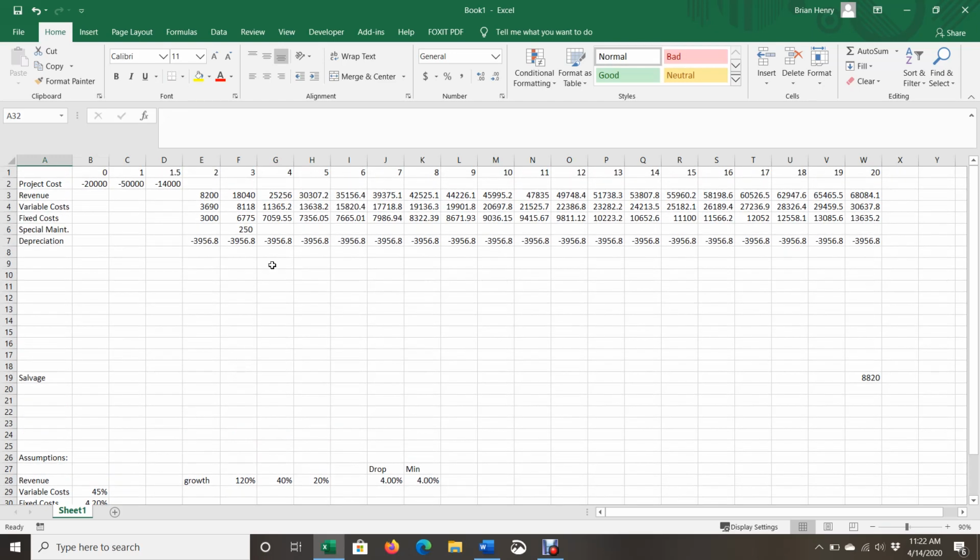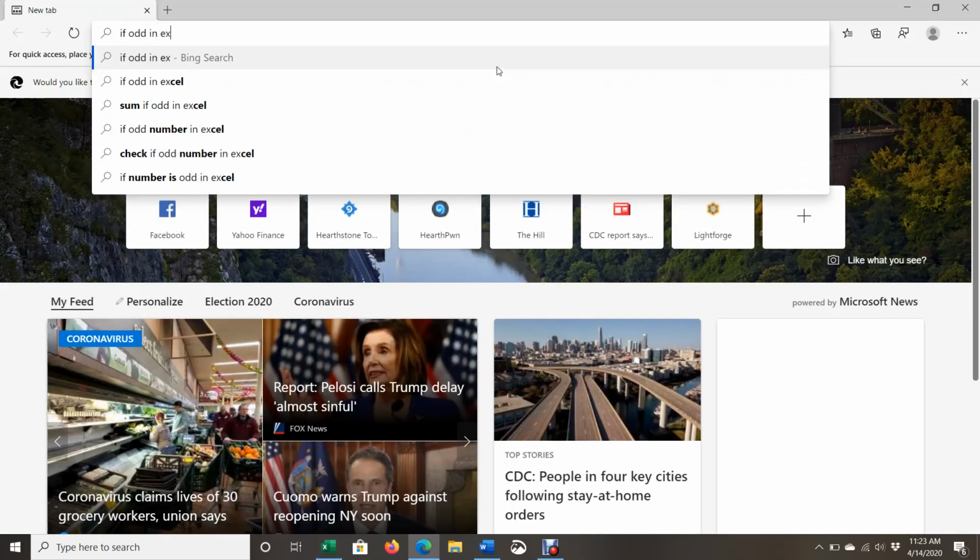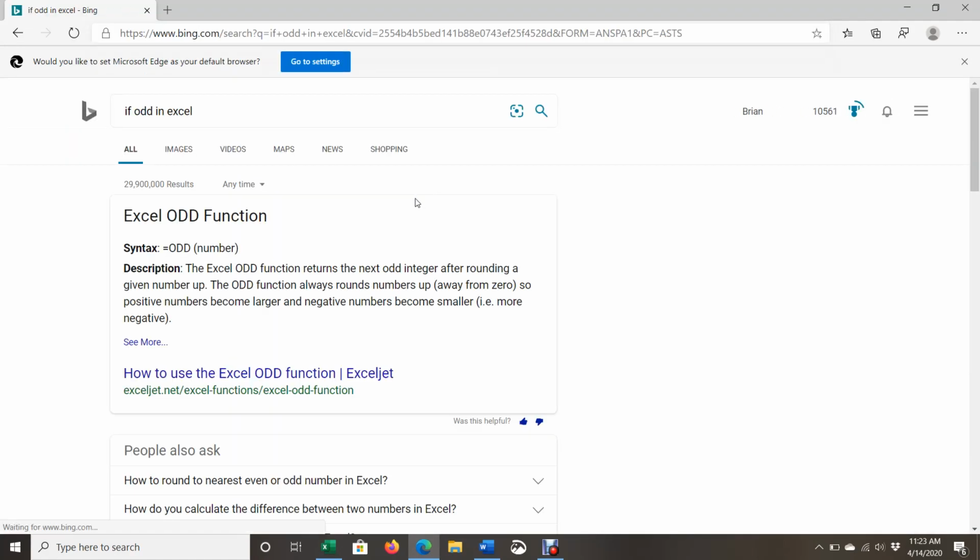We can do this in a couple of different ways. Equals if odd. It's not odd. What is it? This is how I always forget this one. If odd, so the odd function returns the next odd digit.